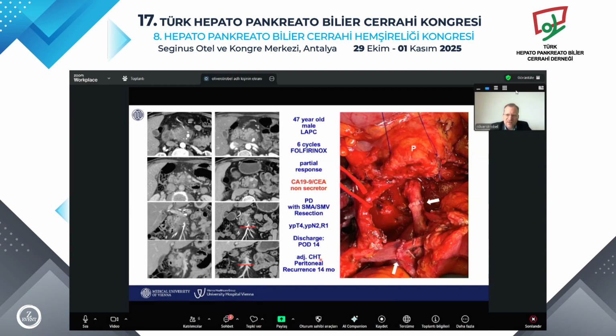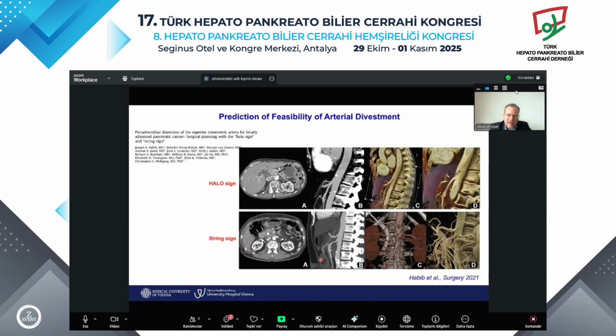And I had another such case. And there is a paper from Hopkins where they describe how you can estimate before the operation if there is the possibility of divestment: if you have a regular lumen of the artery in the angiogram, and if you have an irregular lumen, it's not possible.